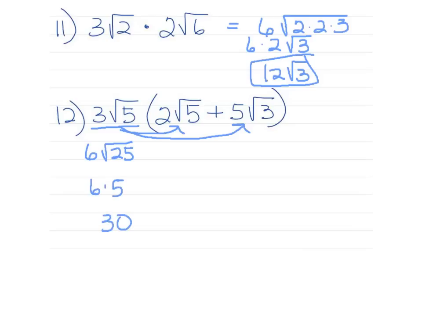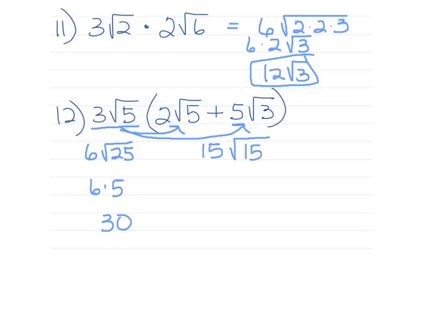Okay, now let's distribute 3 radical 5 times 5 radical 3. So 3 times 5 is 15, and radical 3 times radical 5 would be radical 15.